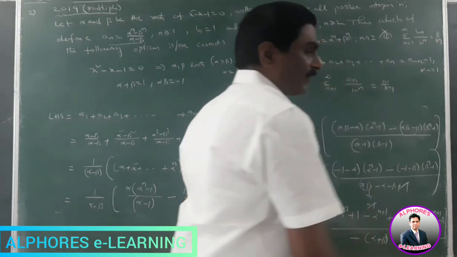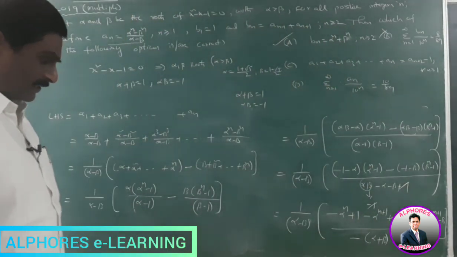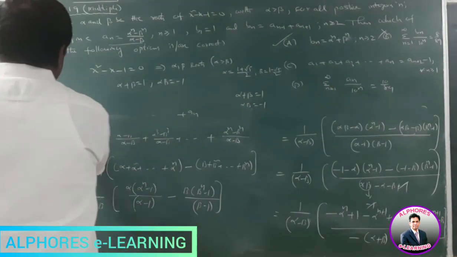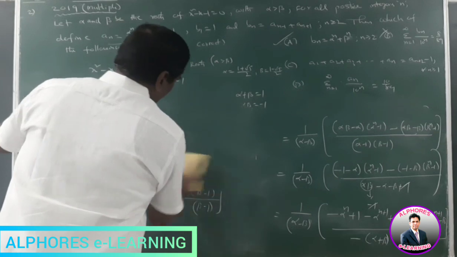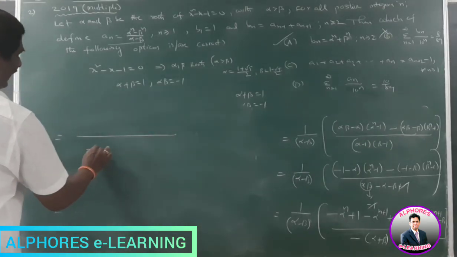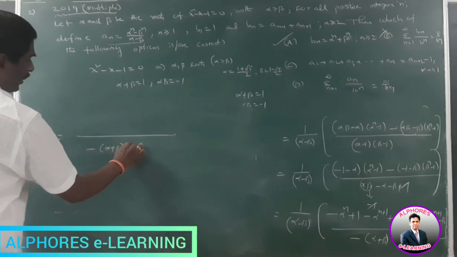Minus of alpha plus beta. Next, that is equal to the denominator value minus of alpha plus beta into alpha minus beta.